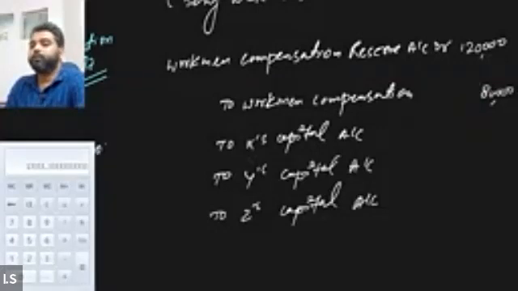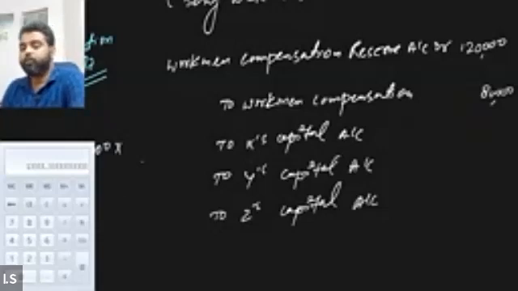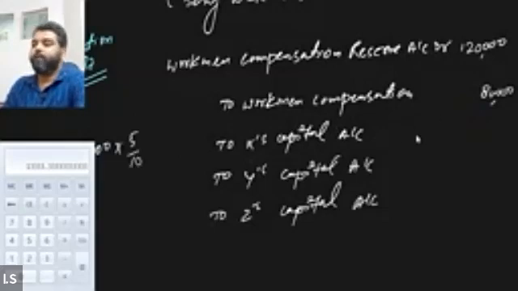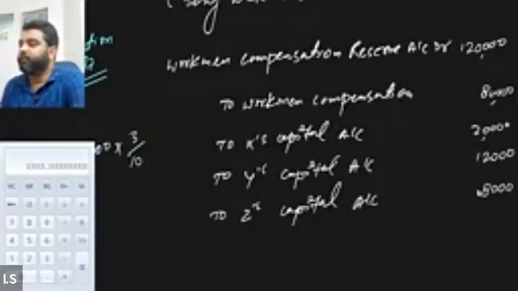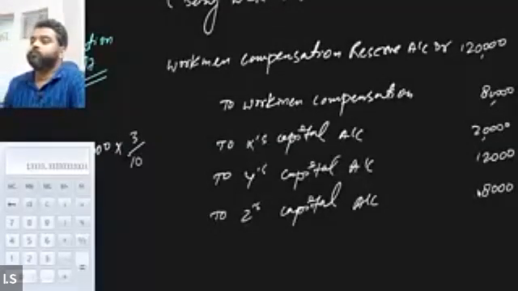The old ratio was 5:3:2, right? So X will be getting 5/10, that means he's going to get 20,000, and similarly Y's share will be 3/10, so it will be 12,000, and for Z it will be 8,000. All right, everyone, is this clear to all of you or not?